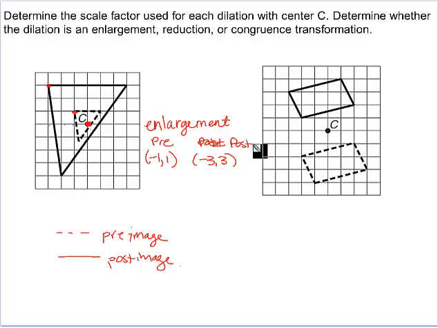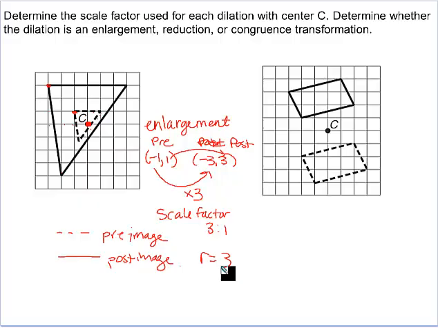So then we ask, what did we have to multiply by to get -1 to become -3 and 1 to become 3? Well, we multiply by 3. So this has a scale factor of 3 to 1, or our r value is equal to 3.